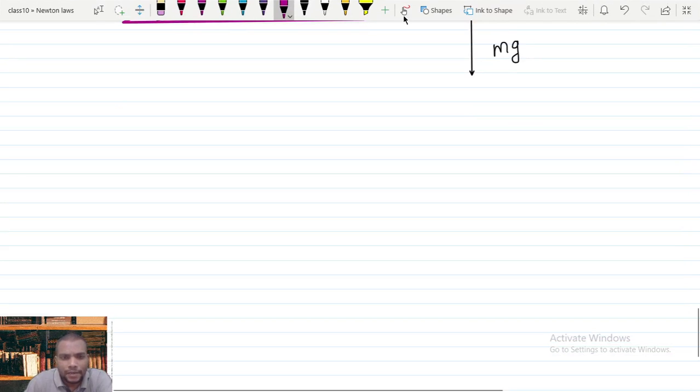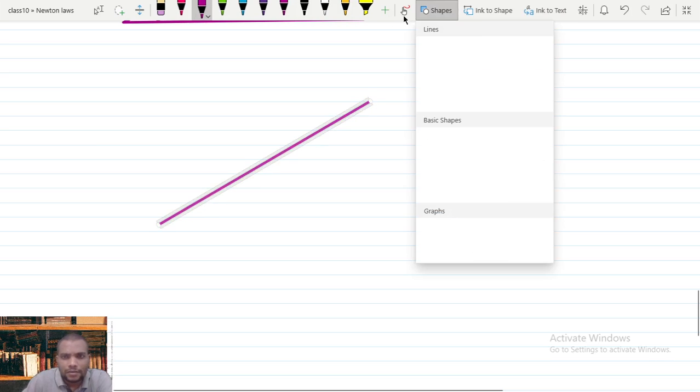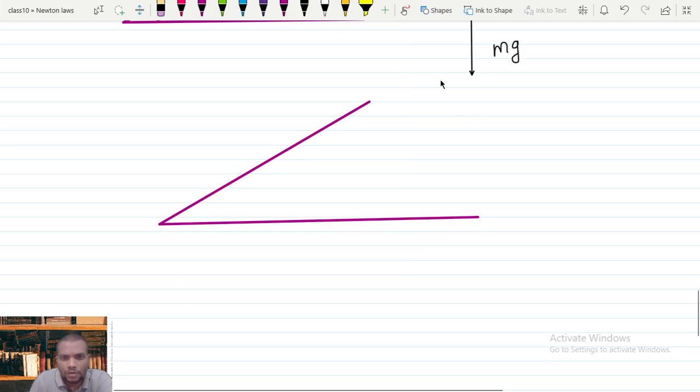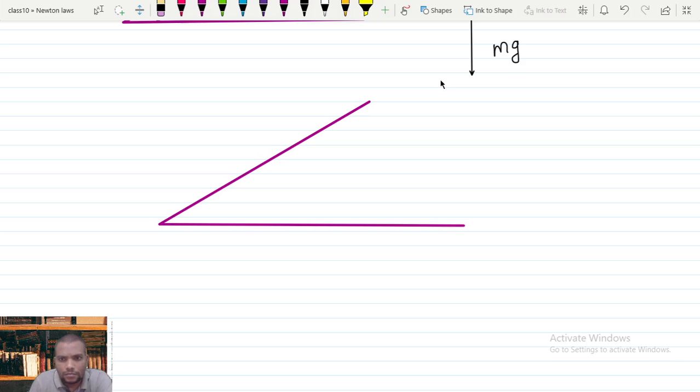Suppose this is an inclined plane which is making an angle theta with the horizontal. If I take a block of mass m kept on the inclined plane, be careful, because the block is now making an angle theta with the horizontal.